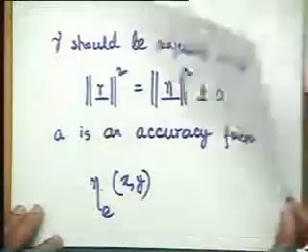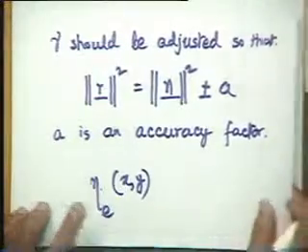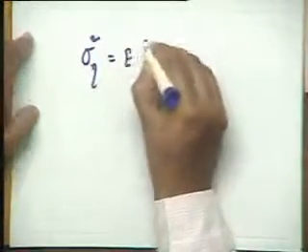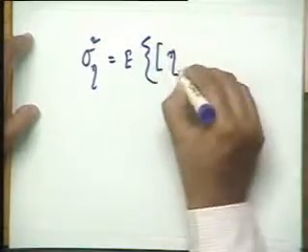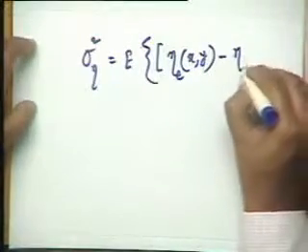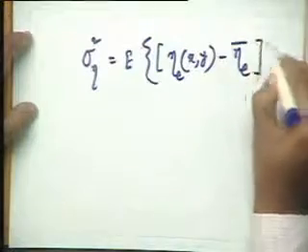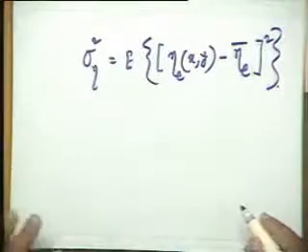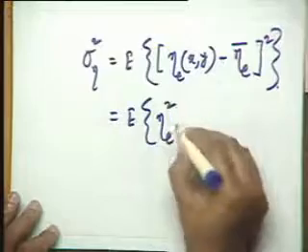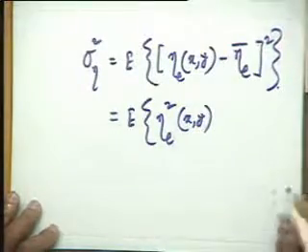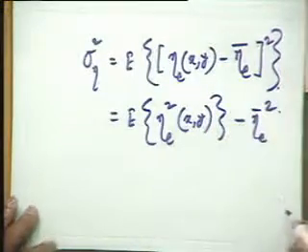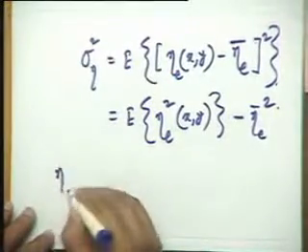The noise variance for eta e(x,y) can be written as sigma square eta equal to expectation of eta e(x,y) minus the mean noise, eta e bar, this thing square, and overall expectation of this, which can be written as expectation of eta square e(x,y) minus eta e bar square.